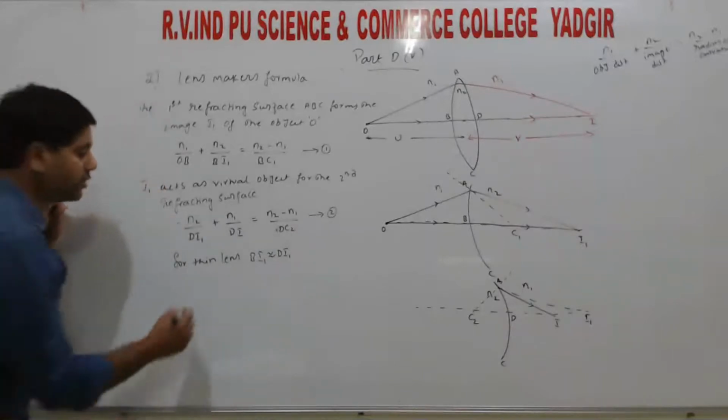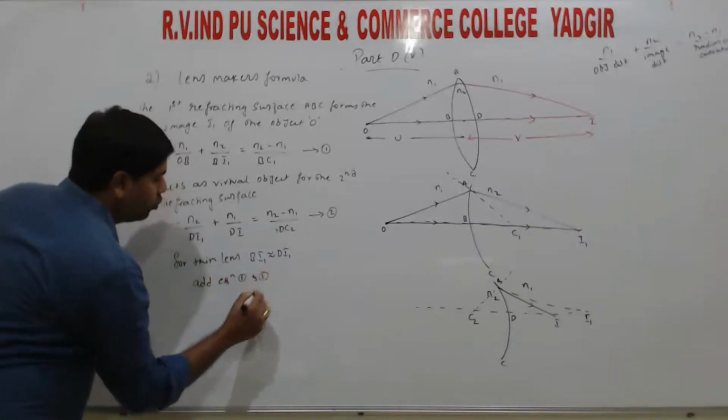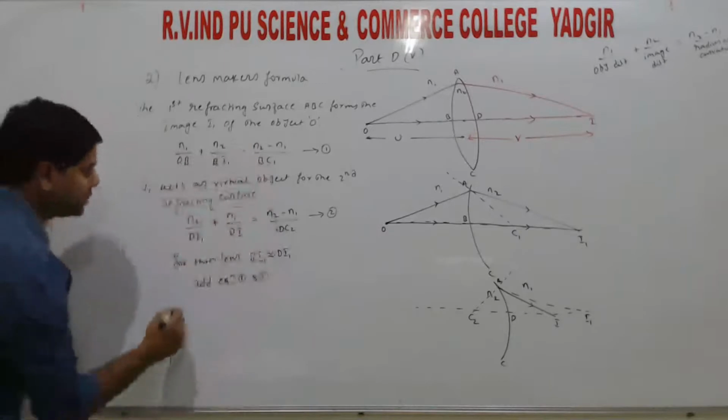So add equation 1 and 2, LHS all added and RHS, right?